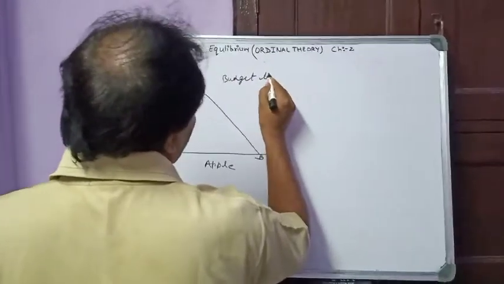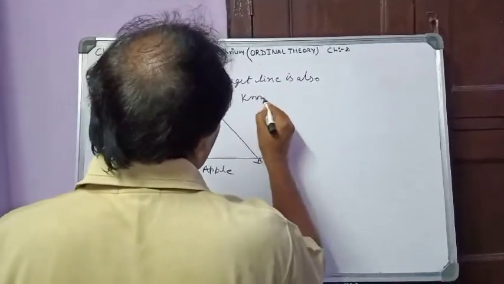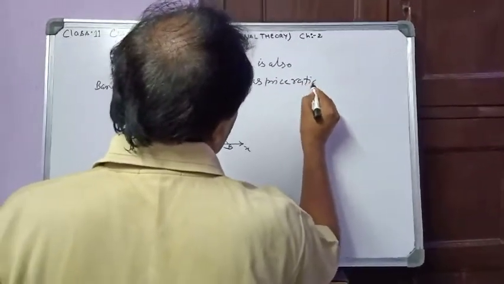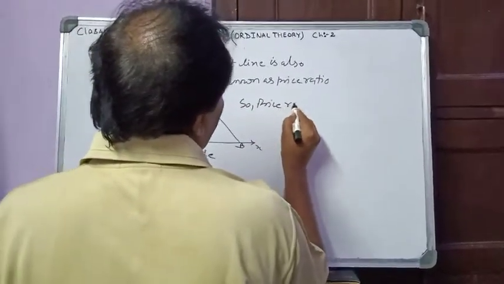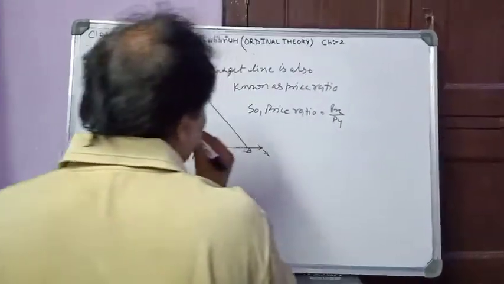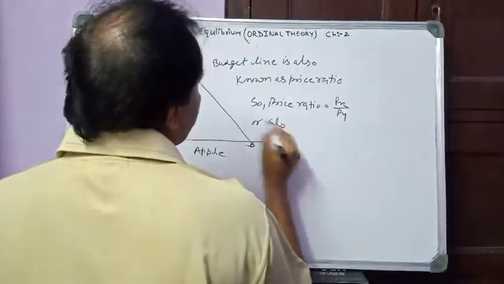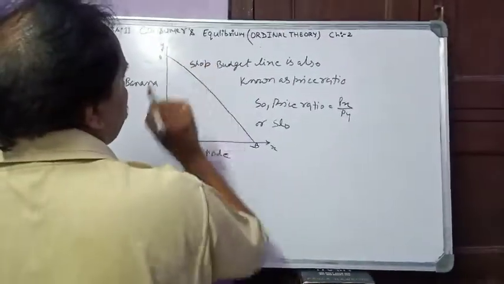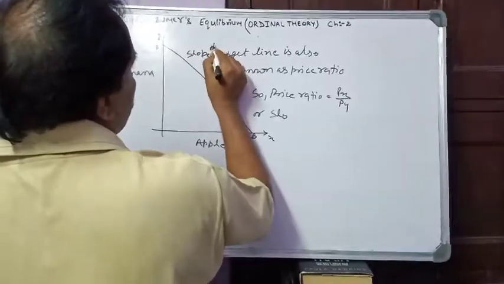Budget line is also known as price ratio. So price ratio is equal to Px divided by Py, or slope of budget line.